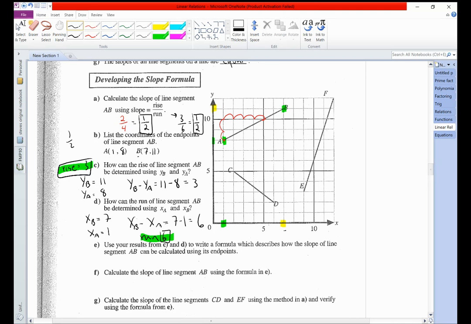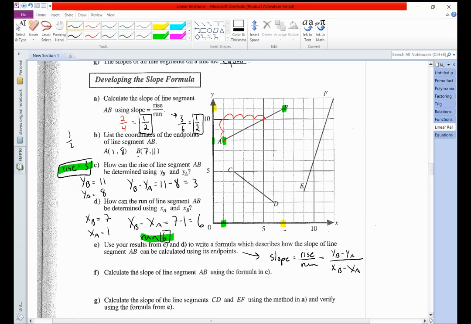Use your results from C and D to write a formula which describes how the slope of a line AB can be calculated using its endpoints. So what we can do here is create our slope formula. So we know slope is rise over run. And we were able to calculate the rise with yB minus yA. And the run is xB minus xA.